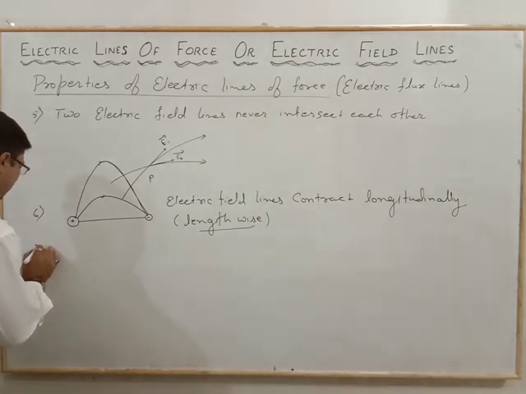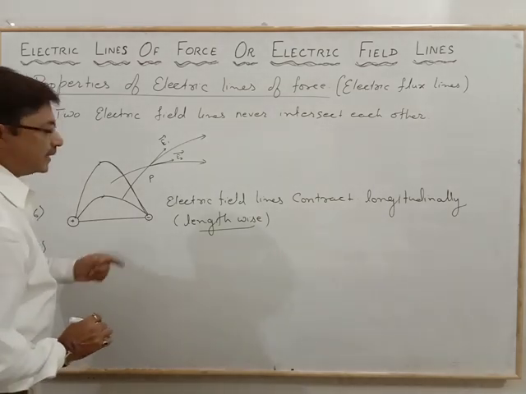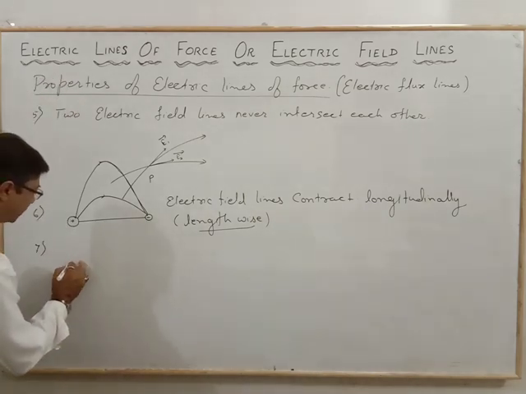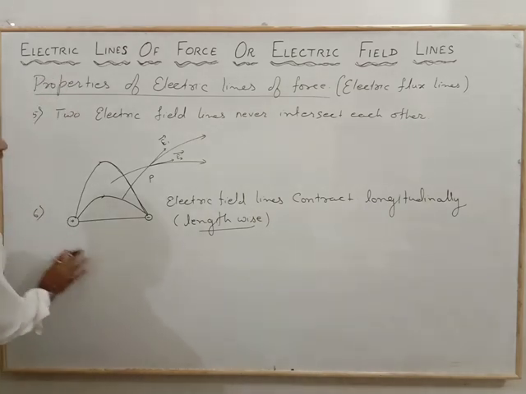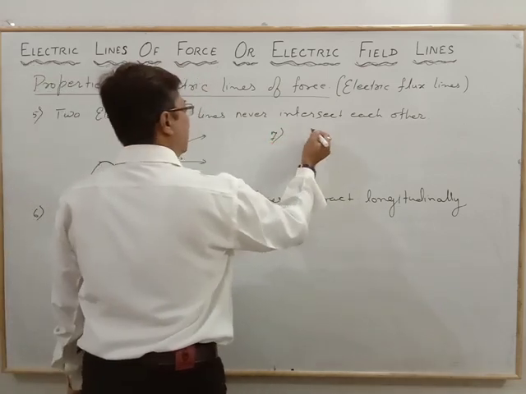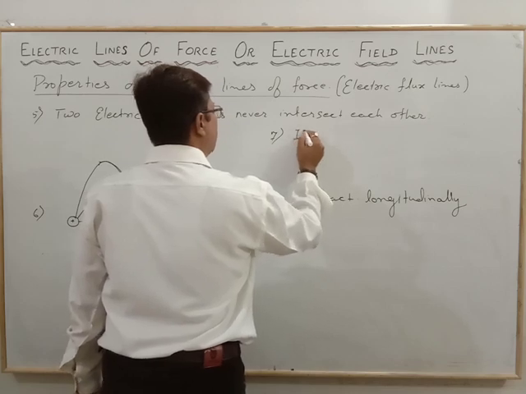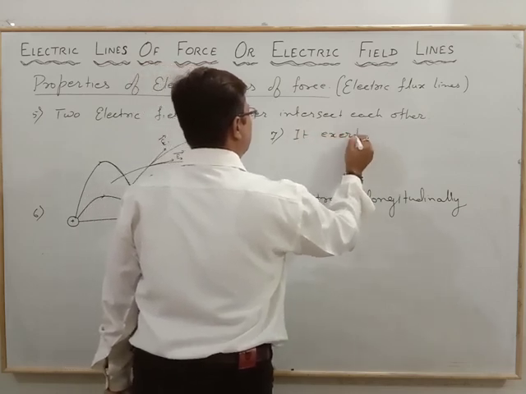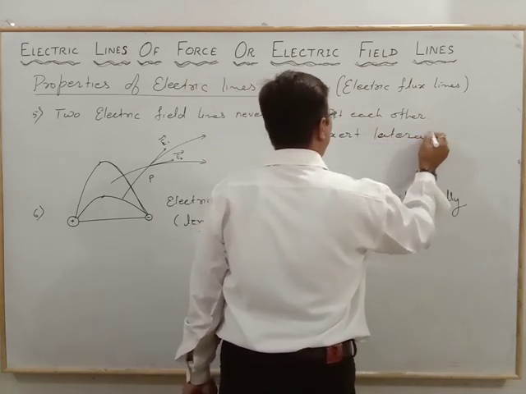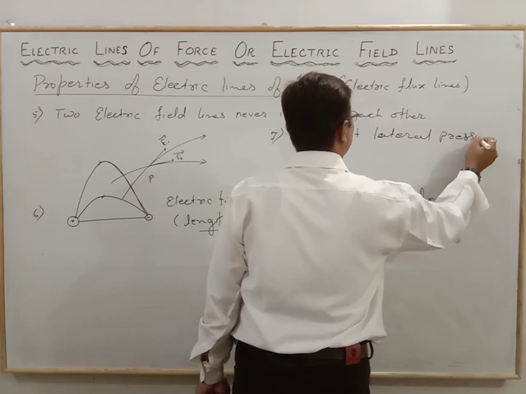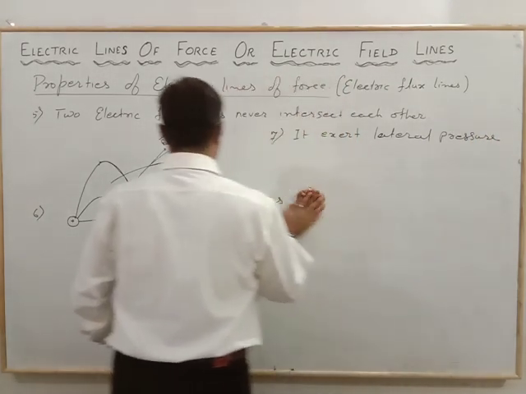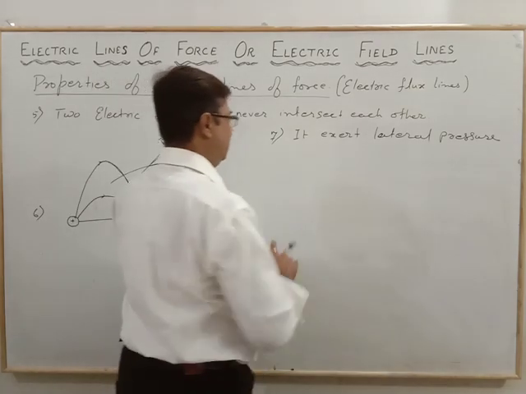Now the seventh point is the electric field lines exert pressure on each other, that is called lateral pressure. Here you see the seventh point. It exerts lateral pressure, that is, lateral pressure means the sidewise pressure.